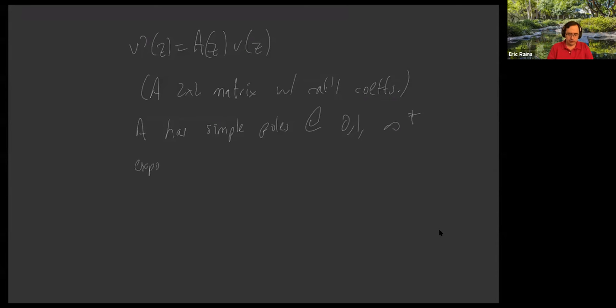And the exponents are the eigenvalues of the residues. It's a simple pole at these 3 points, so the residue is a matrix, and you take the eigenvalues. It's not too hard to see that the asymptotic behavior of the equation as you approach the singularity is determined by the eigenvalues of the residues, at least the leading terms.